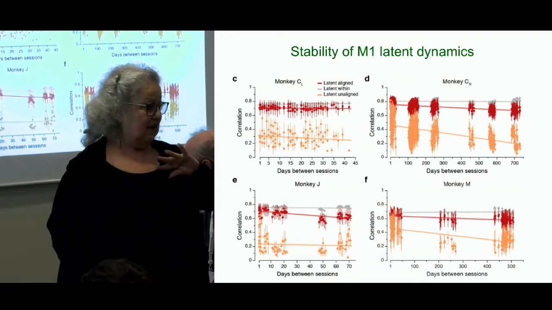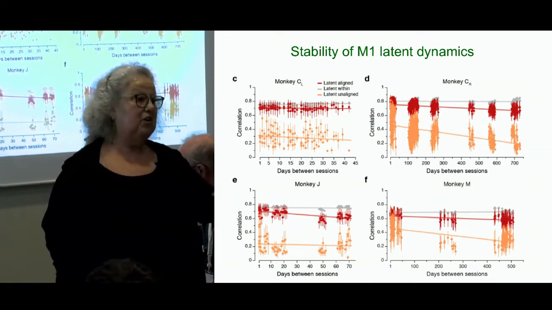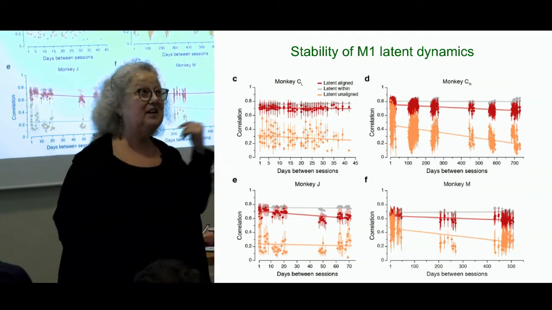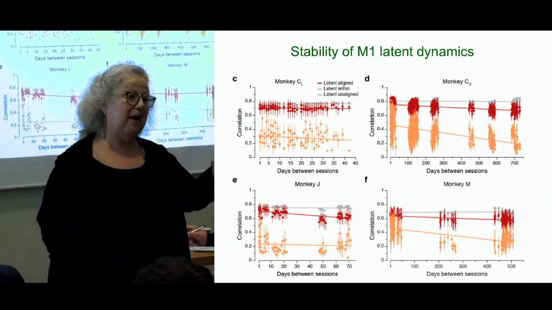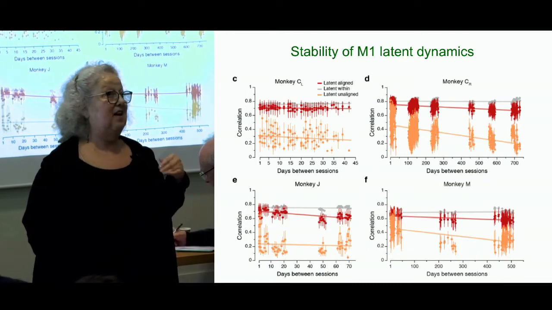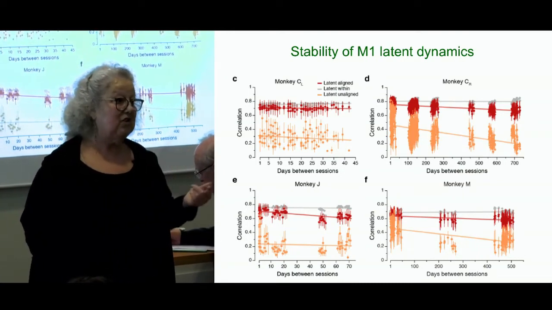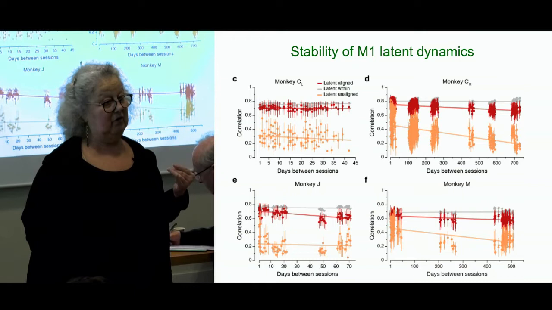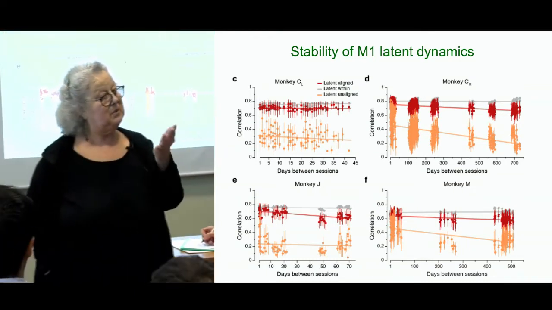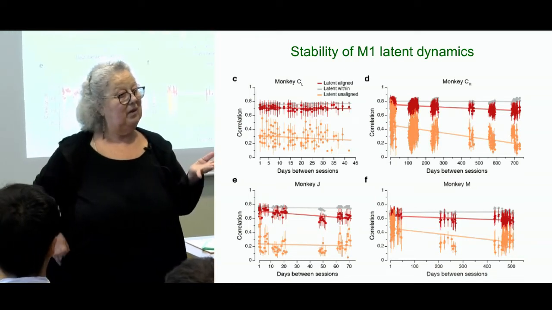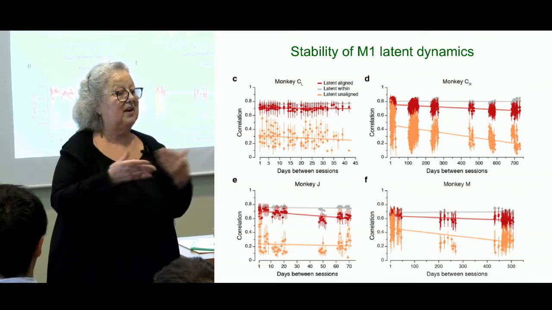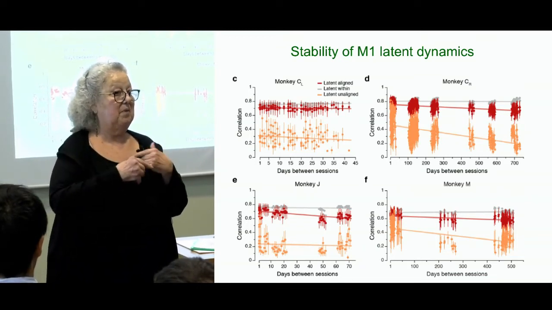When they created recurrent neural networks that were able to generate not the kinematics of this task, but the muscle patterns that are related to this kind of very simple reaching tasks, they found these low-dimensional rotational dynamics in the recurrent neural network. So their characterization of the low-dimensional dynamics in the real neural recordings, the same features were found in a recurrent neural network that was trained to reproduce the muscles.